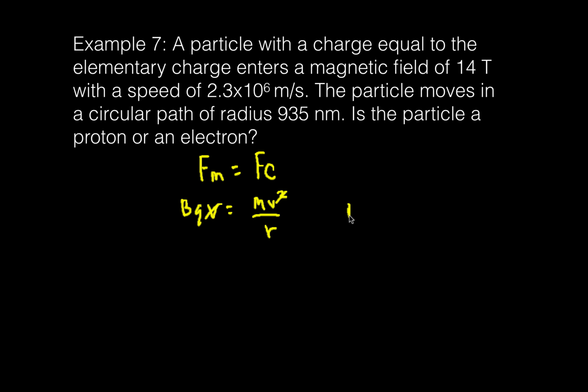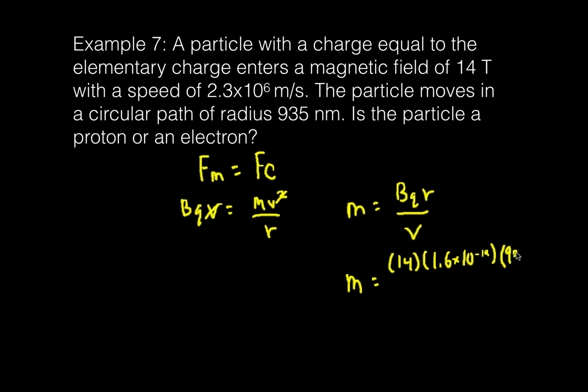Rearranging this for m gives us m equals BQr divided by v. So the mass of this particle is equal to 14 teslas times the elementary charge times the radius, which is in nanometers.